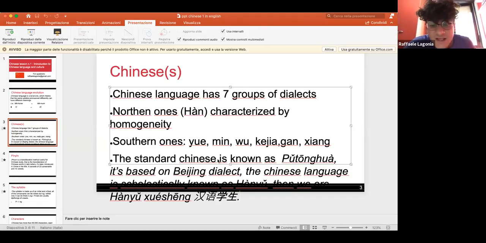The standard Chinese is known as Putonghua. This word is important to understand how words are formed in Chinese. We have hua, that we will find many times in Chinese, because that means language, that means tongue.